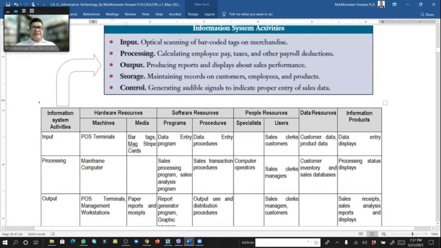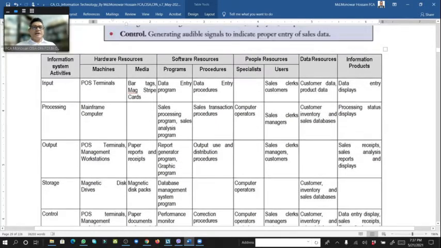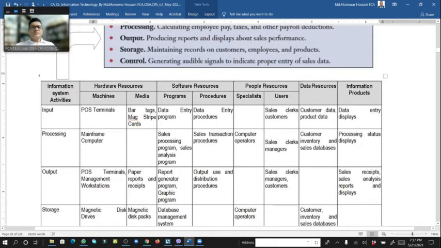And if we see this chart, all resources, that means the 5 resources of information system, and activities are included in this chart. Look here on the upper side: hardware resource, hardware is machine and media. Software resource is program and procedure.